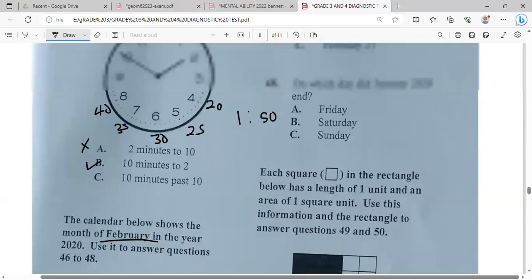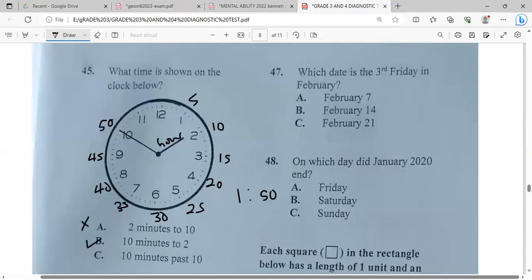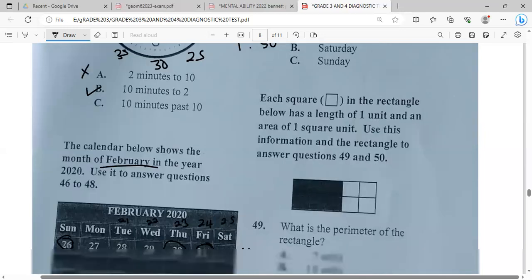Which date is the third Friday in February? It couldn't be none of them here still, you know, because the third one would be that. But this should be the most suitable one, but it still is not the third Friday.